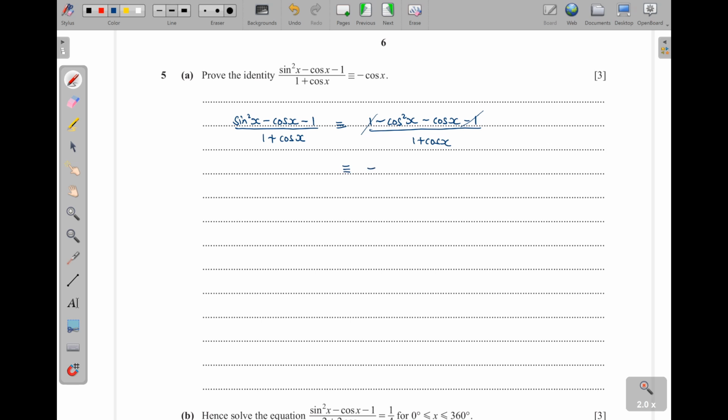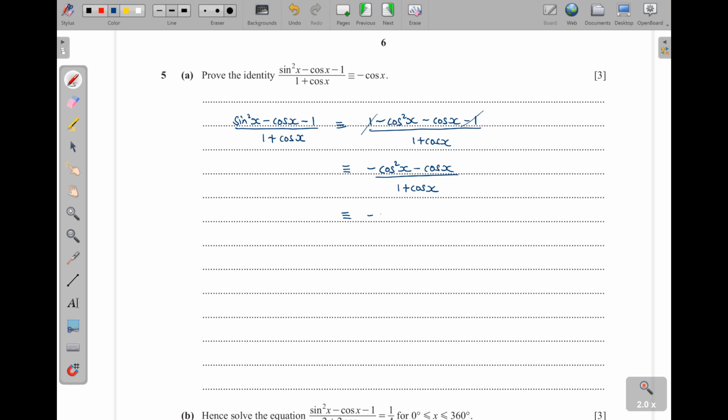So we are remaining with negative cos squared of x minus the cosine of x, over 1 plus cos of x. I can factorize the cos here because it is common.